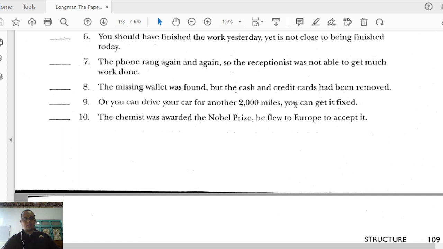Subject, verb. Ini correct ya. Pakainya and ya. Number 10. The chemist was awarded the Nobel Prize, so he flew to Europe to accept it. Yeah, so he flew to Europe and accepted. So the chemist, subject, was awarded, verb, Nobel Prize, so he, subject, flew, verb, to Europe to accept it.